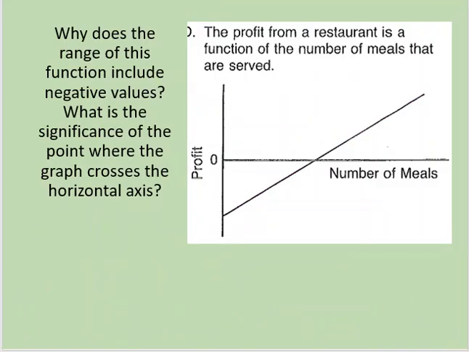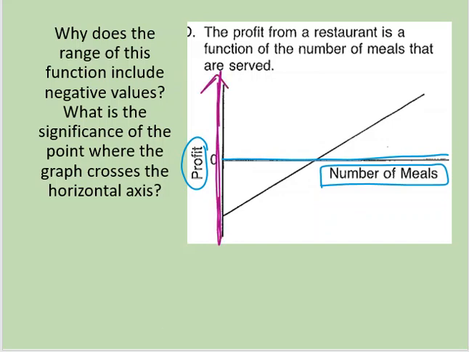Okay. So now we have the profit from a restaurant is a function of the number of meals that are served. So we have here our number of meals, and then we have our profit over here. At this point, our profit is 0, so you're making no money. So why does this range, we're looking here at range, include negative values?